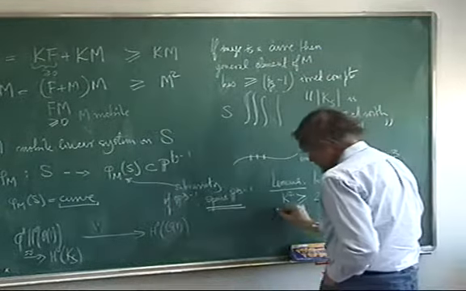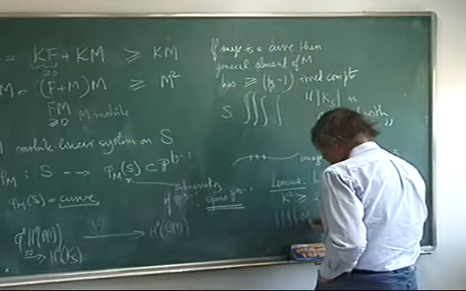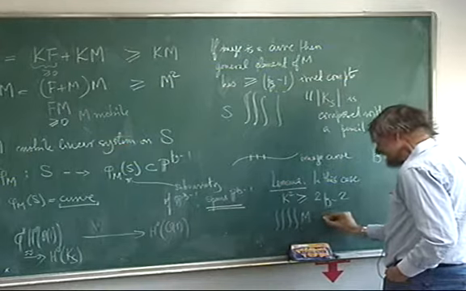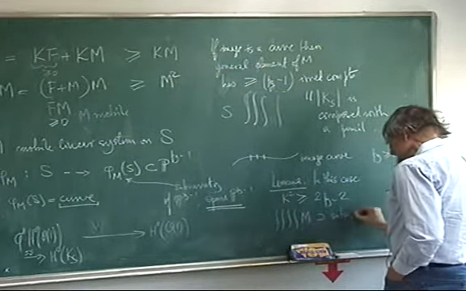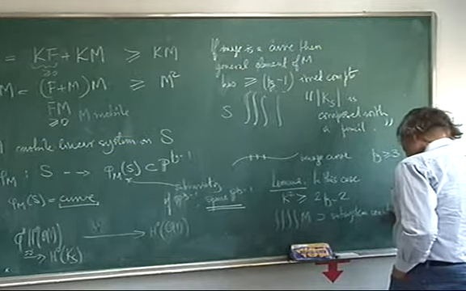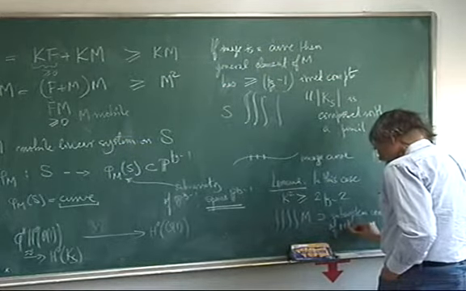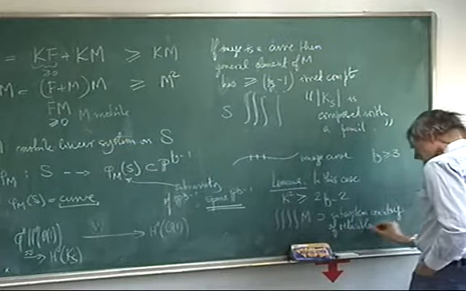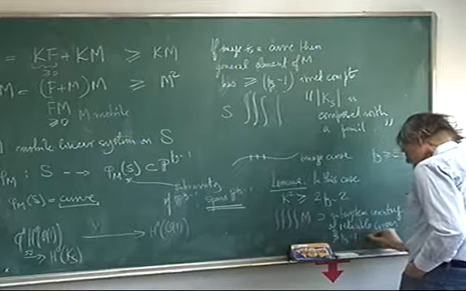The only thing I'm saying here is that here is my M, and M contains a subsystem consisting of reducible curves with at least p_g minus 1 components.